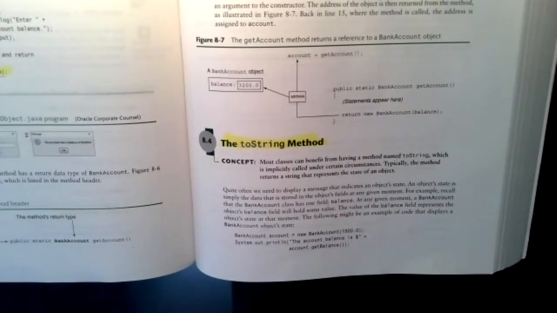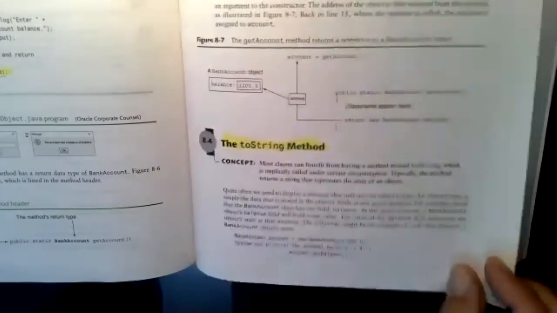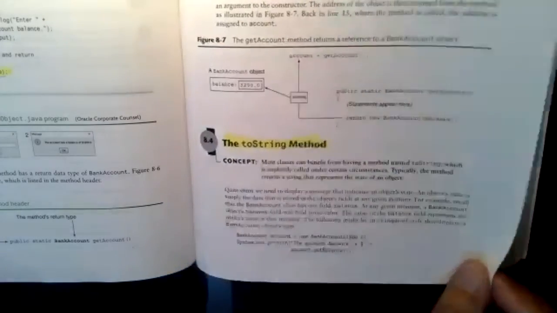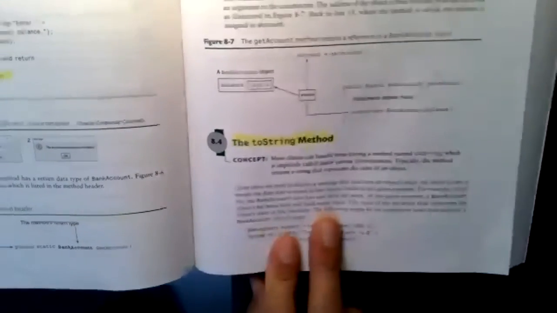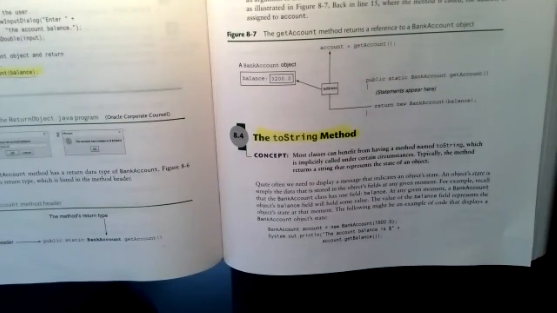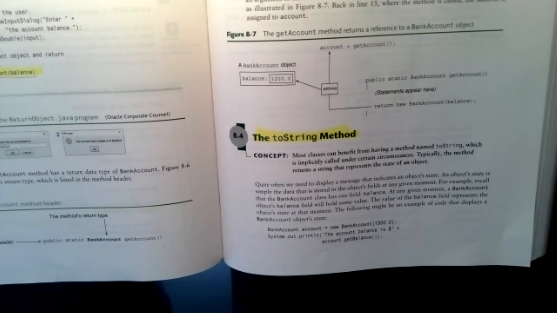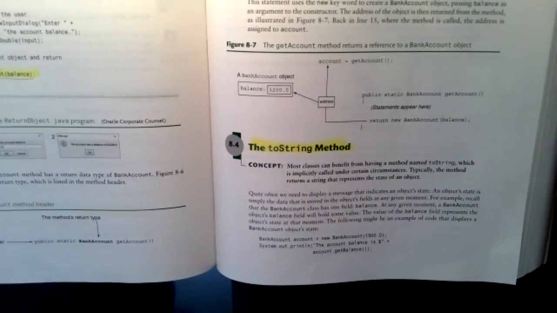Not everybody knows this one, but in section 8.4, there's something called toString. If I instantiated an object, let's say R1, from my rectangle class, Rectangle R1 equals new Rectangle, and I displayed it with System.out.print R1, what would I get?